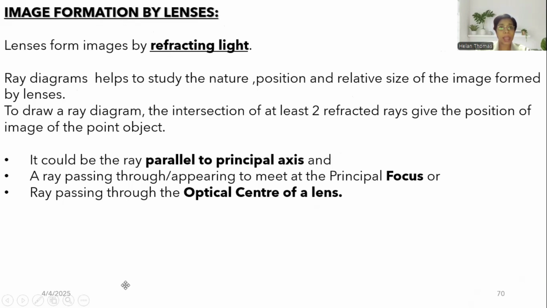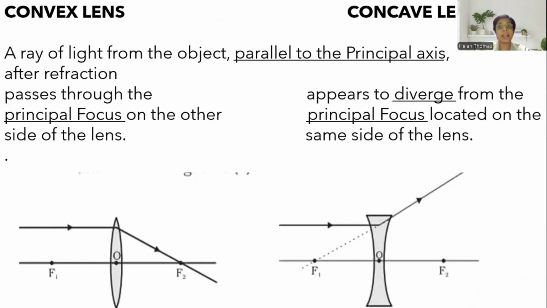It could be a ray parallel to the principal axis, or a ray passing through the principal focus in the case of a convex lens, or a ray appearing to meet at the principal focus in the case of a concave lens, or a ray passing through the optical center of the lens. So we will see how these rays behave when parallel to the principal axis, passing through the optical center, or passing through the focus.